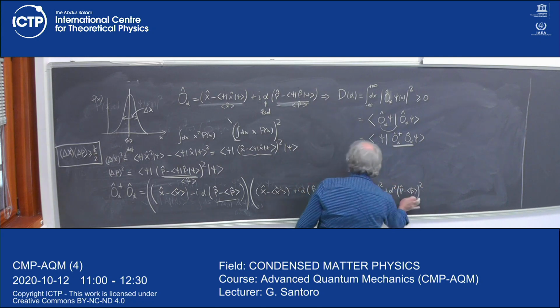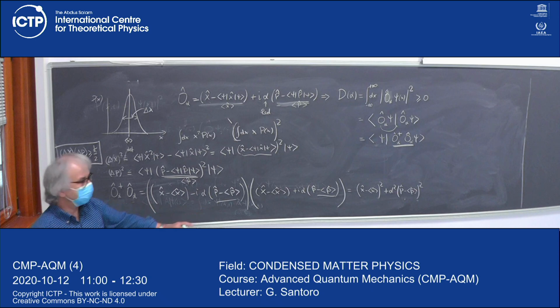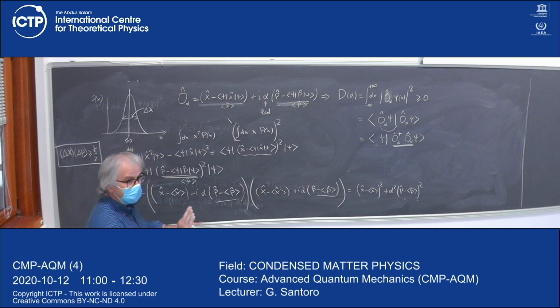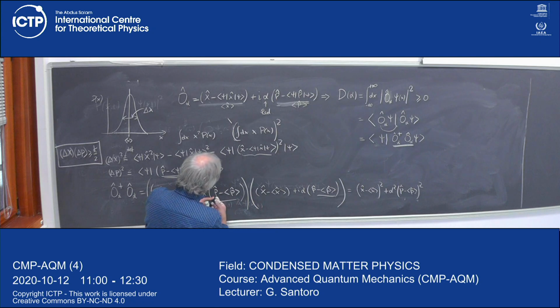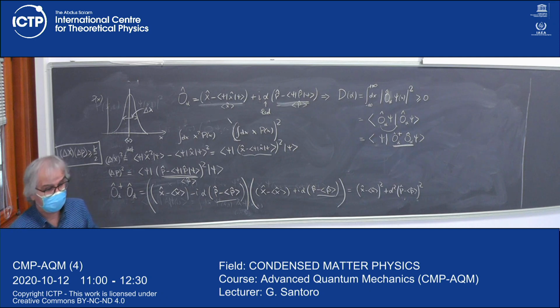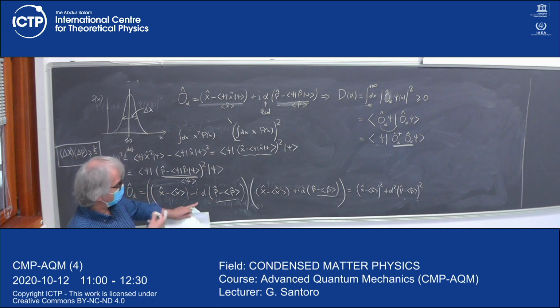Okay, so these are the two things that appear in delta x and delta p nicely. Let's now see the cross term. So this times that, and this times that. Here you have to be a bit more careful, because you see that I have x times p, and then I have minus p times x. So you immediately see that this involves a commutator. And by the way, these quantities that are numbers, if you check, they cancel out exactly.